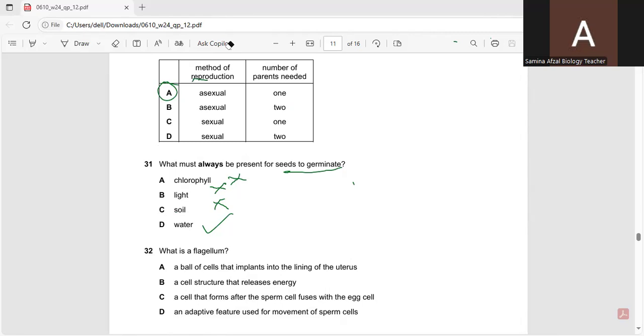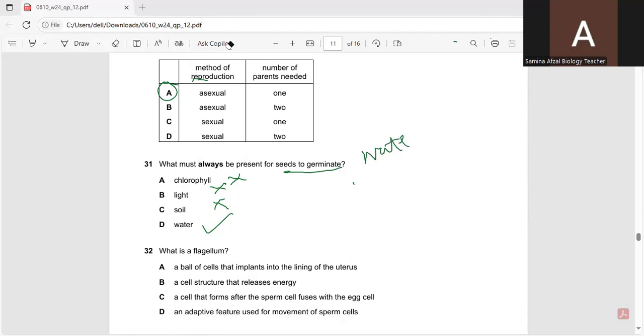The seed will absorb water through the micropyle, then its testa or seed coat will become soft, and then what will happen? There will be activation of the enzymes inside the seed, which will start breaking down the nutrients stored in the seed.